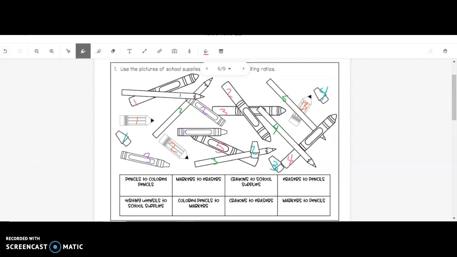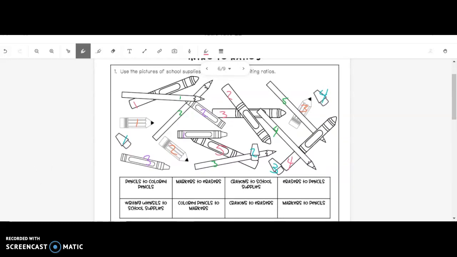Okay, the first one, it asks us, what is the ratio of pencils to colored pencils? Now, since the word pencils comes first, that's going to be our first number in the ratio. So pencils, I've got 1, 2, 3, the orange writing. 3 pencils.